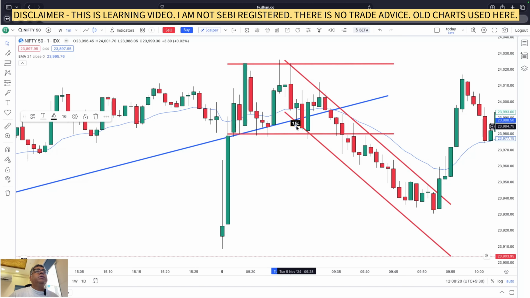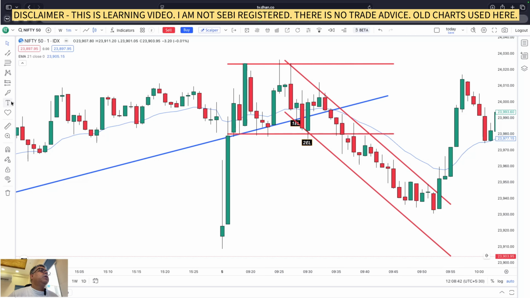This is the first entry long and this is the second entry long. But the second entry long failed. It did not make 2-3 green bars here. This green bar even has a higher wick on the upside.